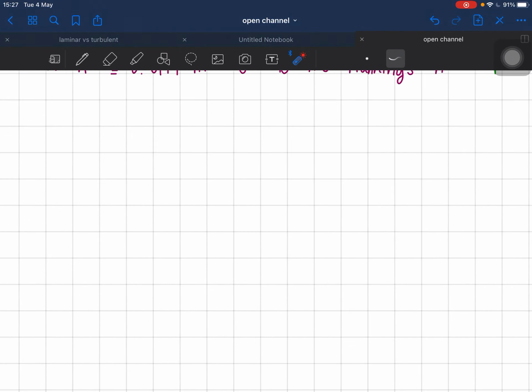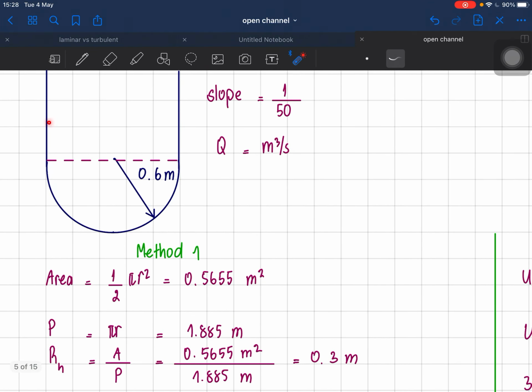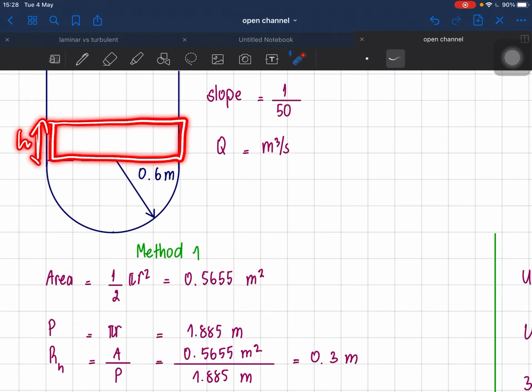Okay, so now we can move on to B. Oh, my sound is shaking. B. Okay, so we need to add some depth x here. We get h equals to 0.6 plus x. And then we can solve it. So basically the upper here is just a rectangle, right, if you look carefully. So this would be h.